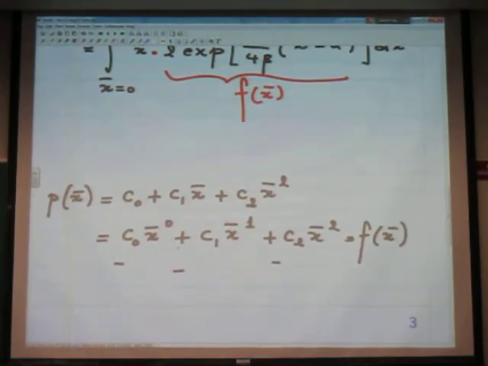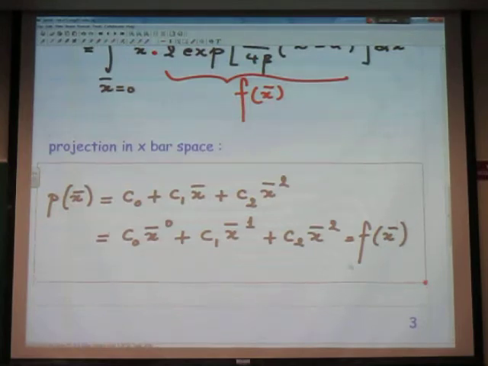I need to write this down so that you don't confuse it. Just because of time, I can rearrange this. So this is projection in x bar space.